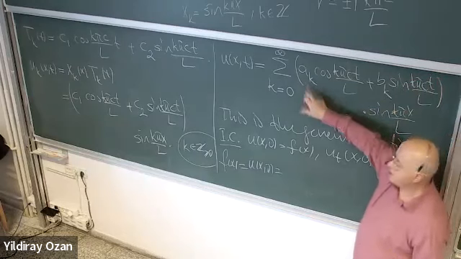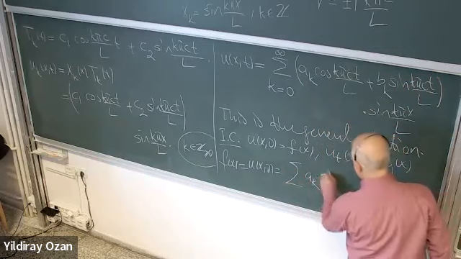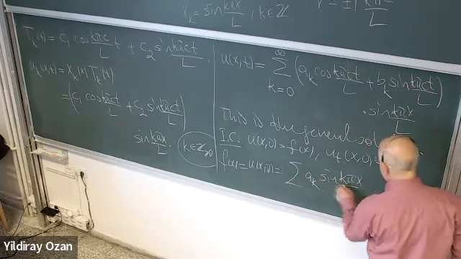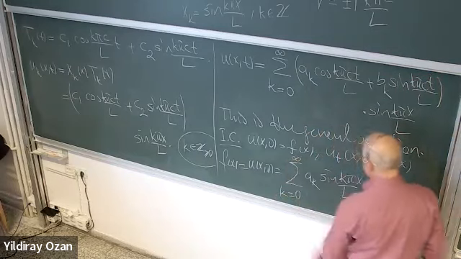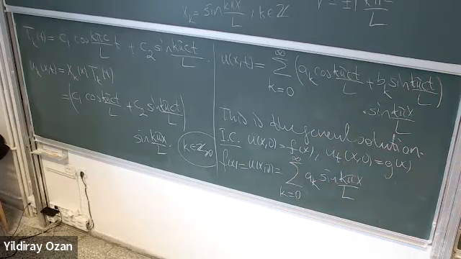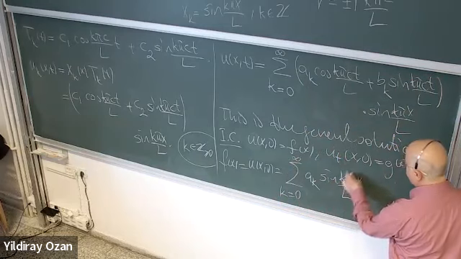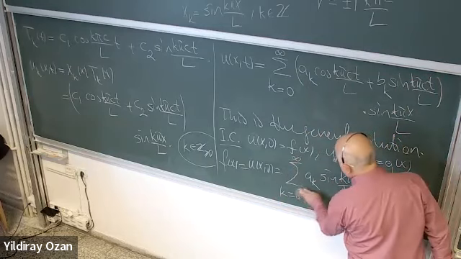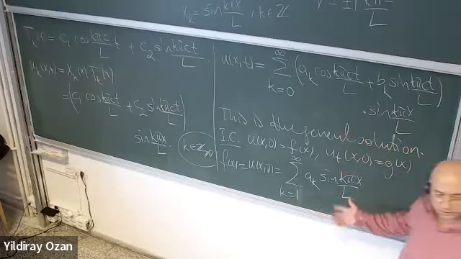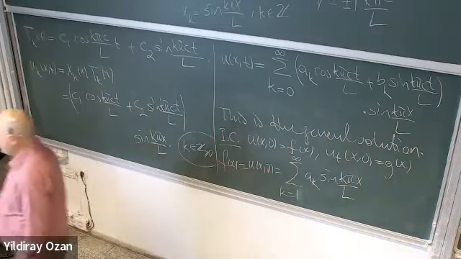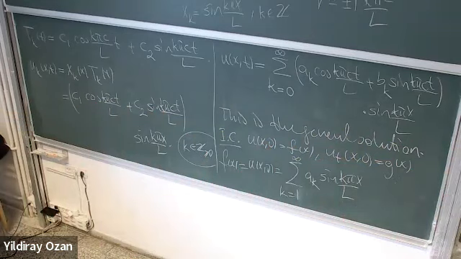Therefore, we have A_K times sine(K pi x over L), K from 0 to infinity. Of course, when you plug K equals 0, you get 0, because sine 0 is the zero function, so I can just start from there. And then we know what the coefficients are in this case.